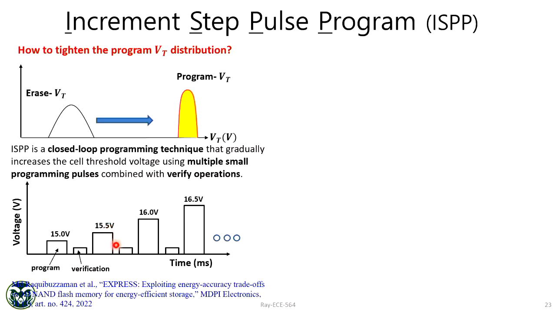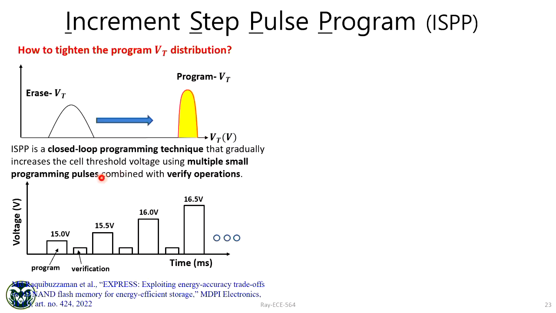And that is very important. This programming step, delta VPGM or delta program pulse, is 0.5. That means your width will be in the order of 0.5. If you increase directly from 15 to 17, then this width can be in the order of 2 volts, because how you step up the programming voltage will decide how wide your program VT is.